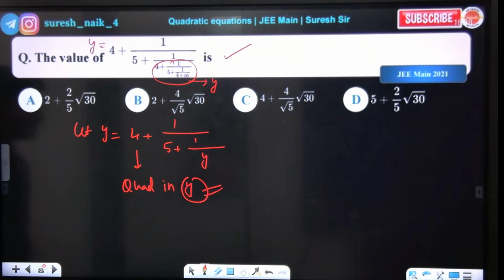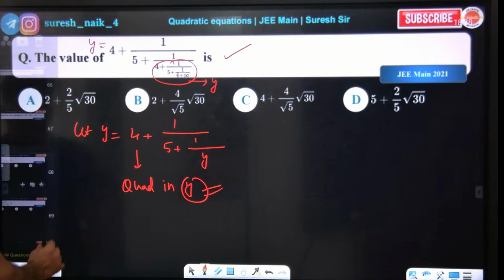Yes or no? Tell me quickly. Very simple. Clear?